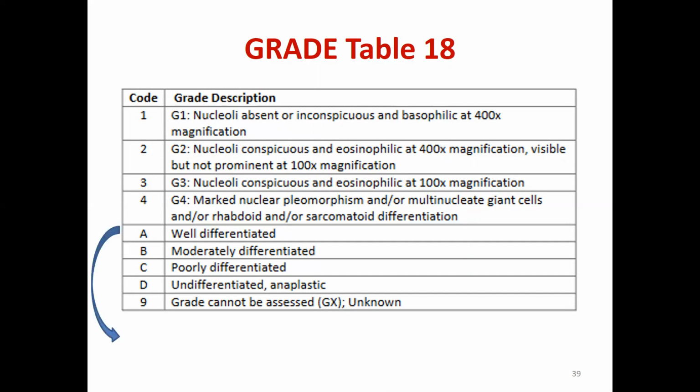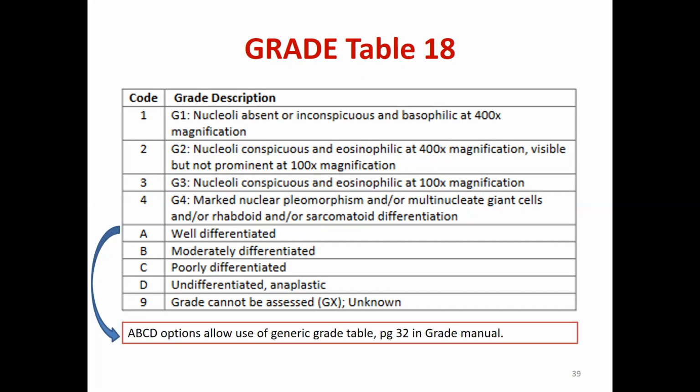I also want to point out that because the kidney grade table has A, B, C, D options, if you need to convert a grade using the generic grade table, you may do that. An example would be if you had a medium grade or a stated intermediate grade, you can see that that is not in this table.